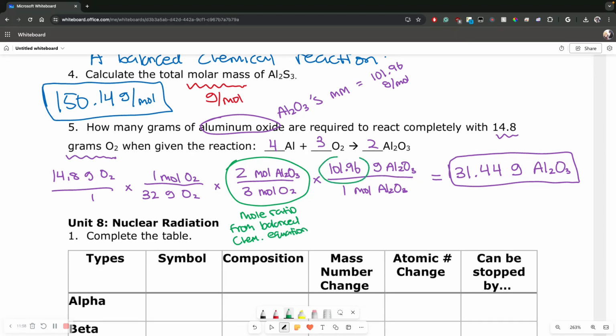And this here is going to be molar mass. So those two are the most important concepts that we used here today. We used the mole ratio and molar mass in order to get to where we need to go.